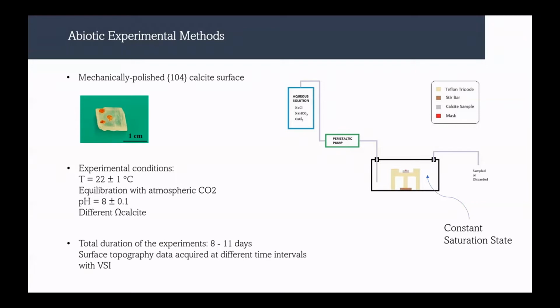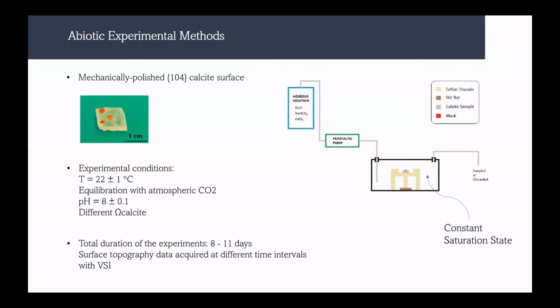And then at regular time intervals during the experiments, the experiment was stopped. We removed the calcite sample from the reactor to acquire topography images of the reacting surface, and then we put the calcite sample back inside the reactor to continue the experiments.